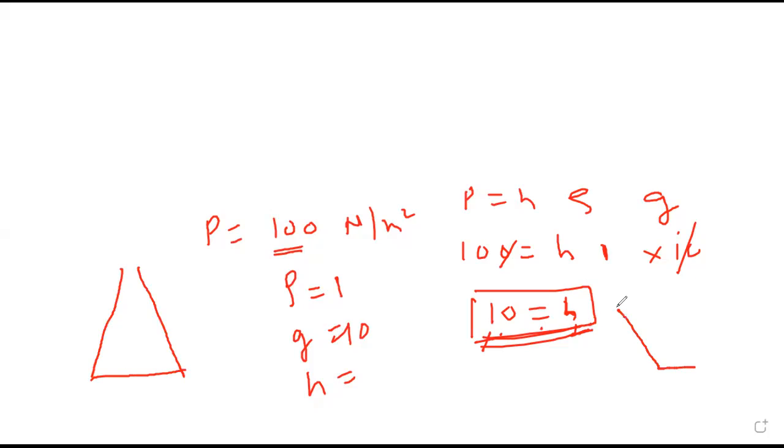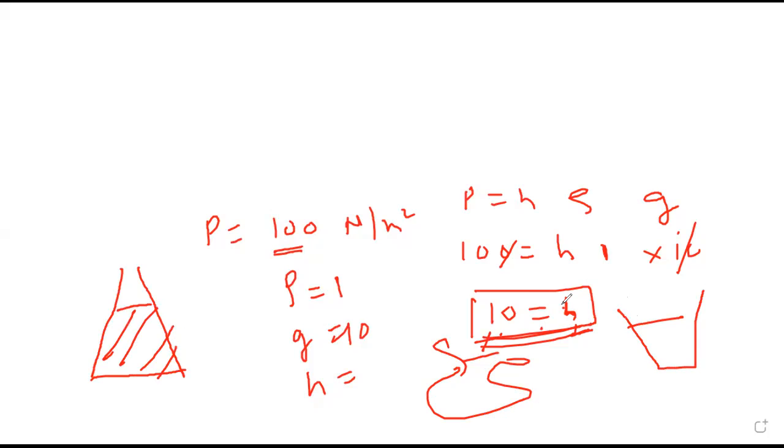Or if I take a container of this shape, it will be 10. Or this shape, it will be 10, if I want pressure 100. हर एक में 10 ही आएगा ना, irrespective of the shape. So that's why it is given, it will seek its own level. So it will seek level of 10 irrespective of the shape of container. Got it?